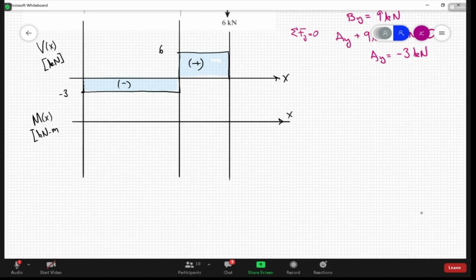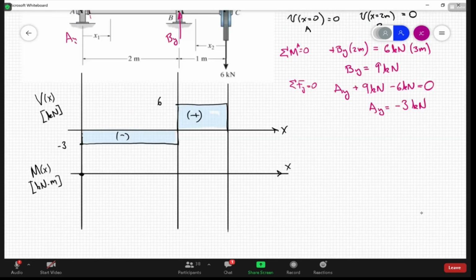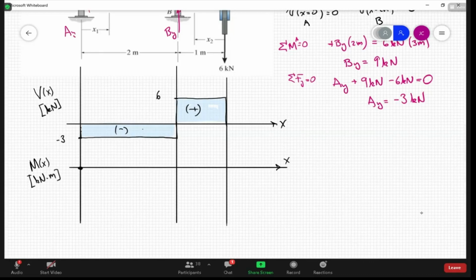It starts off at 0 because there's no external moment there, and it's going to have a slope of -3. So this area here, what is that? That's 2 meters, so the area under this first triangle is 6 kilonewton meters. And this is also 6 kilonewton meters.